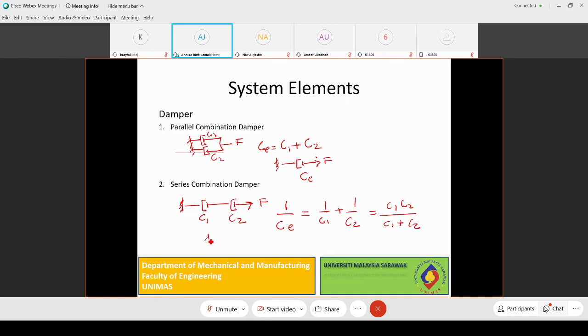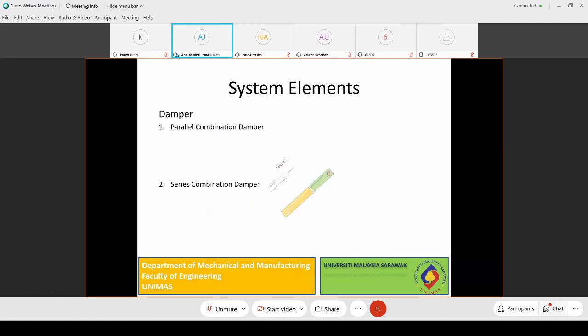So you can simplify into this form. I think this one is pretty straightforward because we have defined it for the spring before this, right? So this is for damper. If you encounter the damper in series and in parallel, you can combine those dampers using the general equation here, right? Okay, I think I'm done with damper.